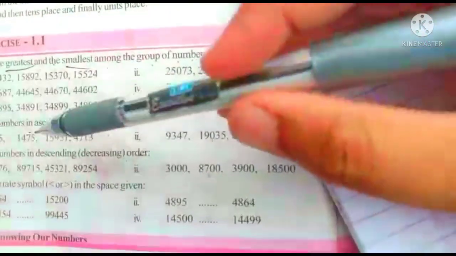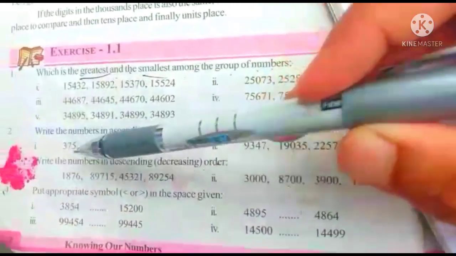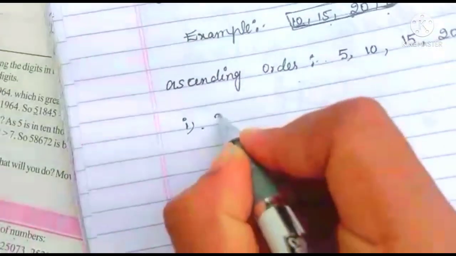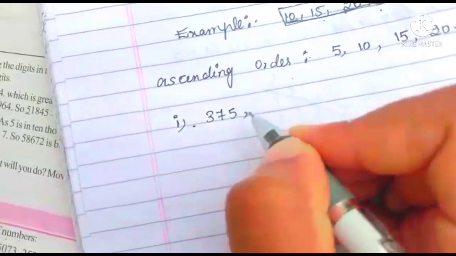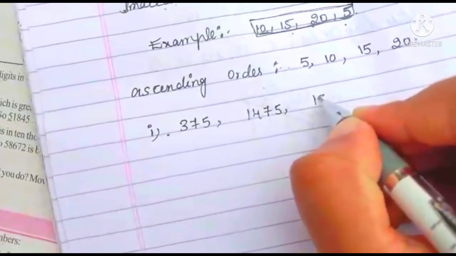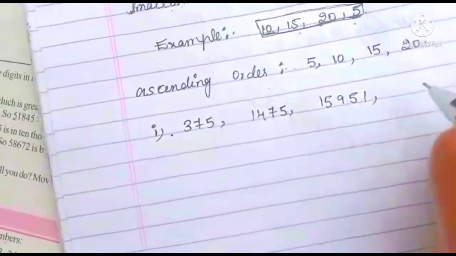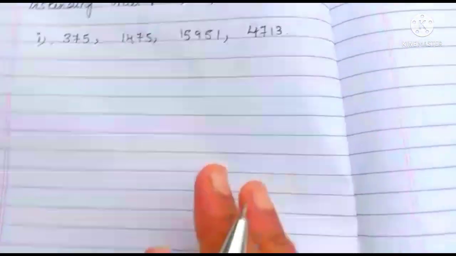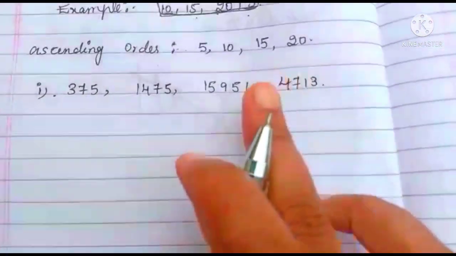Now go to the problem. First one: 375, 1475, 15,951, 4,713.